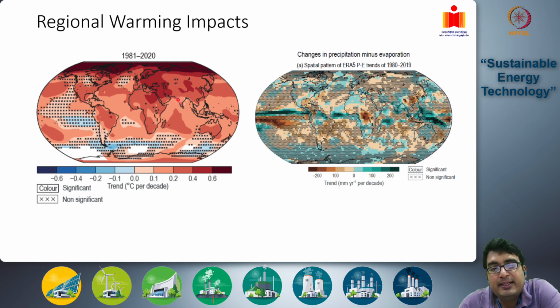Similarly, you will see that certain areas like Central Europe, then Central Mongolia, and also certain parts of land masses like Northern Africa, Central Brazil, Mexican regions have shown larger temperature rise than other parts of the world. So these regions, especially the land masses, have shown larger increase in temperature.